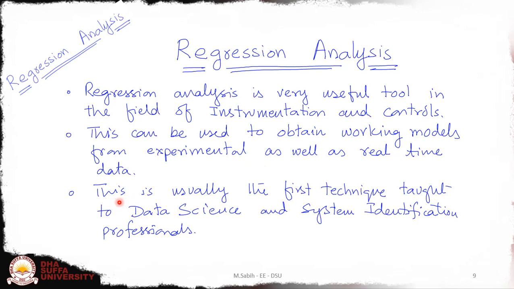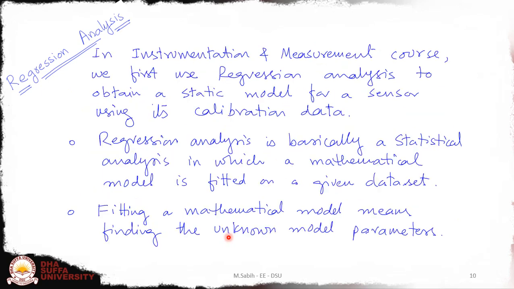Coming back to this point, regression analysis is the first technique taught in data science and system identification, and it is an applied and essential tool in the current field of instrumentation and controls, where we have the DCS and advanced processes and a lot of data from the industry.